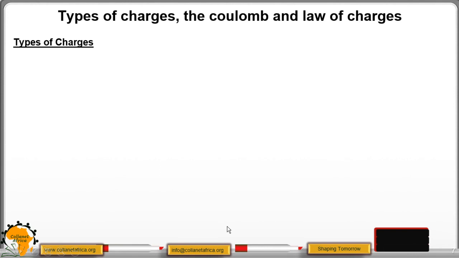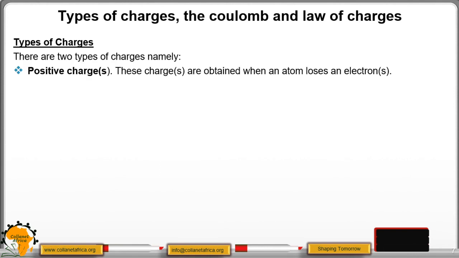Then from there we move to types of charges. We have two types of charges. One, positive charges, and this one is obtained when an atom loses electrons. When it loses electrons, it will have more positive particles than negative particles. Therefore, it becomes positively charged.